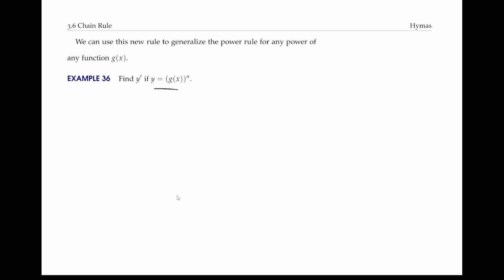So like if I have sine to the 5th, or in the previous example, 1/2 x plus 2 to the 10th, anything where I have some function to some power, we just apply chain rule. So if I want to do y prime, I'm going to take the derivative with respect to x of g of x, the nth power. And so power rule says, hey, bring the n down and then leave the inside alone.